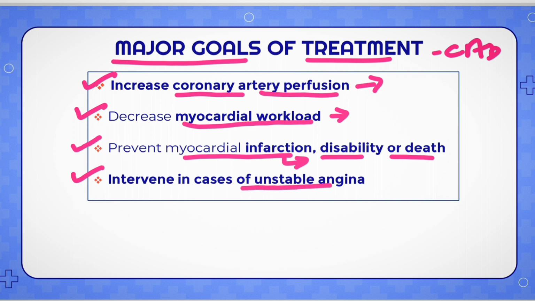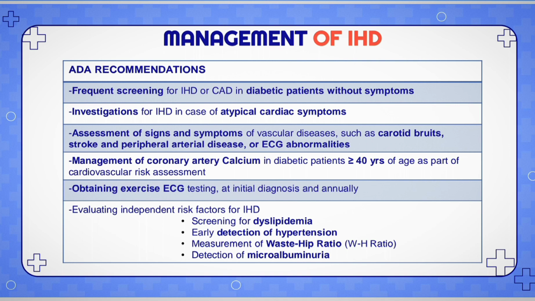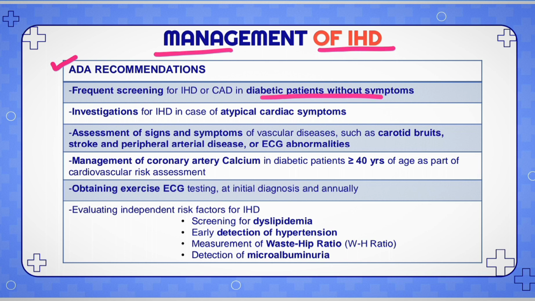Now let's discuss what are the management methods for ischemic heart disease. For that, we should follow the American Diabetes Association recommendations. As per these ADA recommendations, in any diabetic patient who is not having any kind of symptoms, we need to do frequent screening for any ischemic heart disease or coronary artery disease.